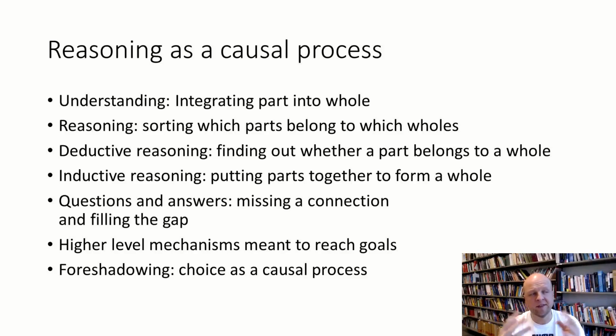So for instance, this is a classical deductive argument: all humans are mortal, Socrates is a human, that's the two premises, and so the conclusion is that Socrates is mortal. We can say that we have all humans, they are all mortal, we have Socrates, he's a part of this whole of mortal humans, and so we can conclude by deductive reasoning that Socrates must be immortal. So we're picking this part out of a larger whole.